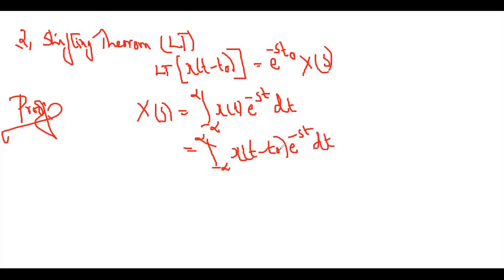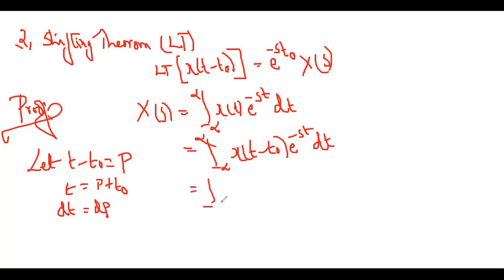The input is shifted with t naught samples. Let t minus t naught be equal to some p, and t is equal to p plus t naught. Okay, my dear students. The t is a variable and the p is also a variable. T naught is a constant because it is a shifted sample only. Apply the derivative: dt is equal to dp.